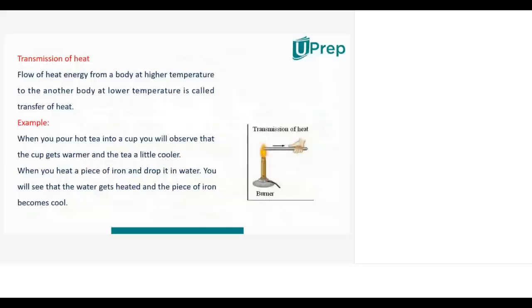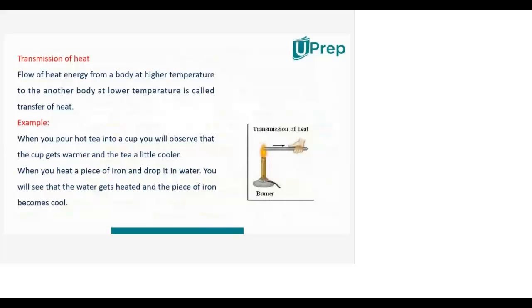If two objects are at thermal equilibrium, and the first object's temperature is 90 degrees Celsius, then what will the second object's temperature be? Sir, I don't have a clue.